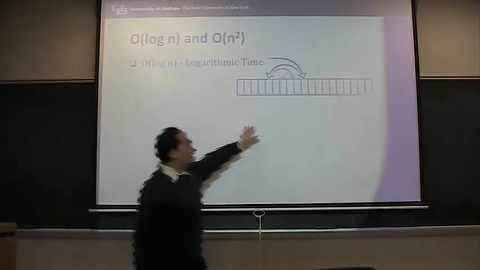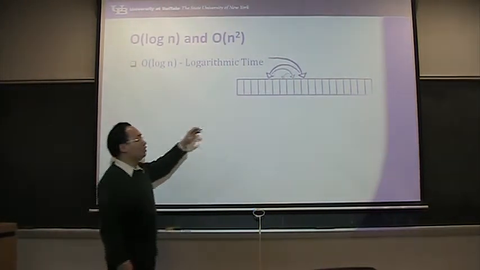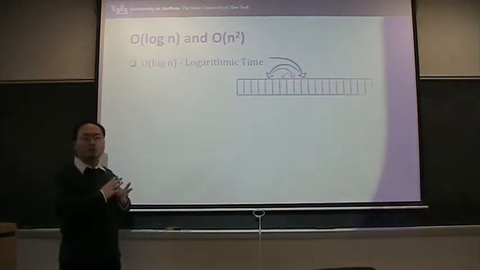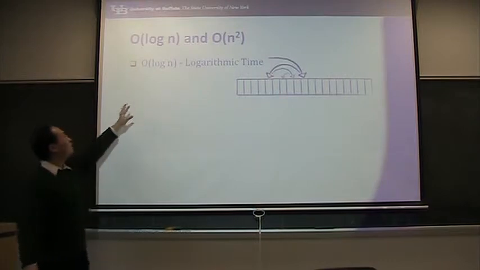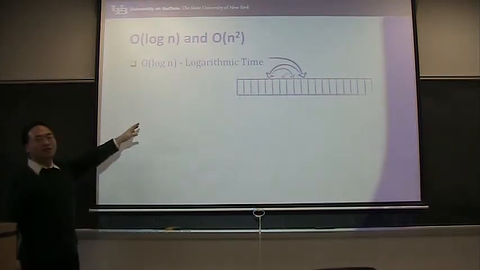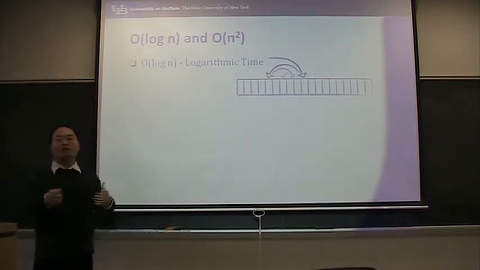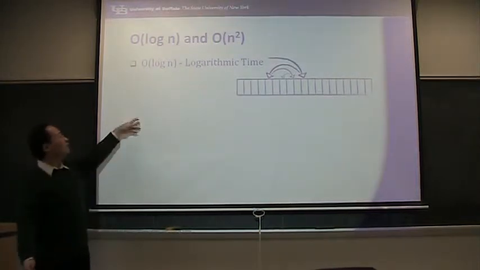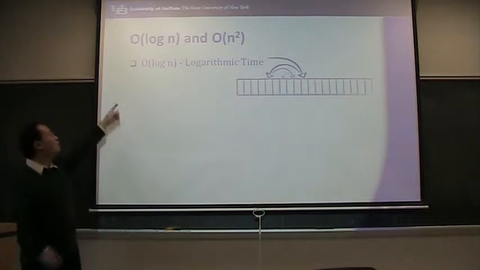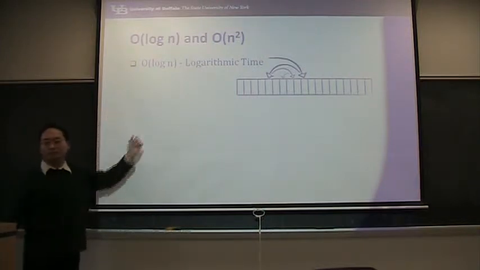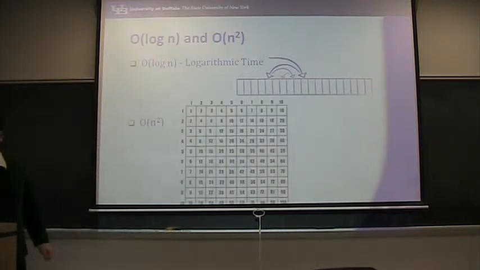So if the length is 2 to the power of n, you have to search at most n times. And we mark this as O(log n). Typically, we say log n to the base of something, but in this big O notation, we just omit this base. So we say big O of log n. The next case is called n squared.